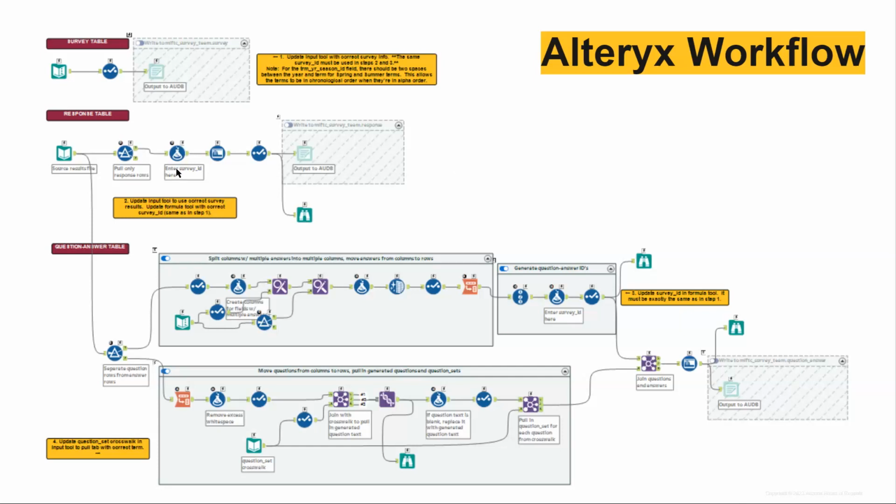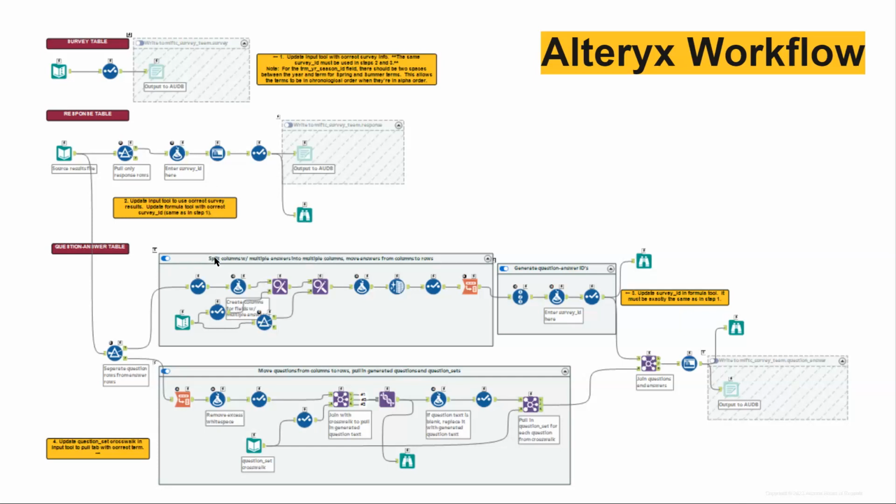Another great tool to use is within each tool, you see some of them have a little box underneath. Within each tool, there's an annotate function. So if you click on annotate, you can add, again, your own notes about that specific tool.